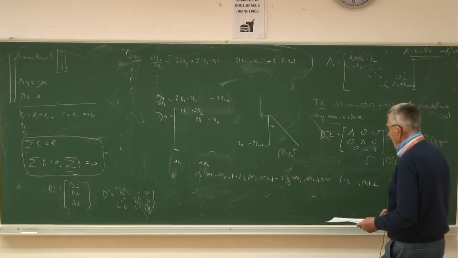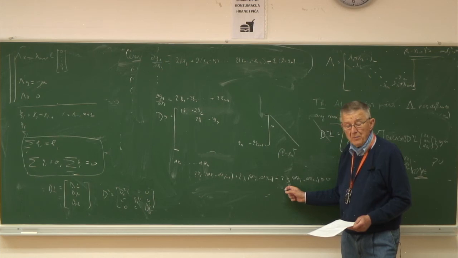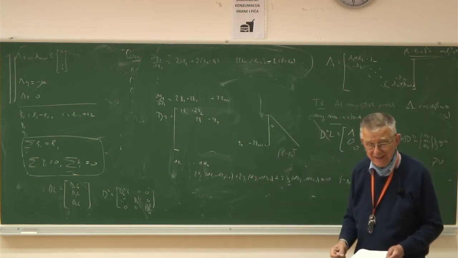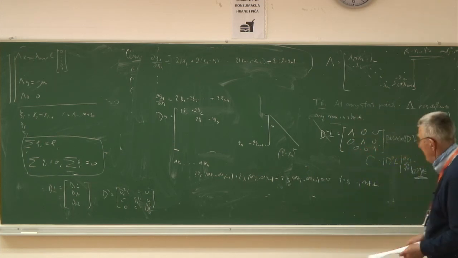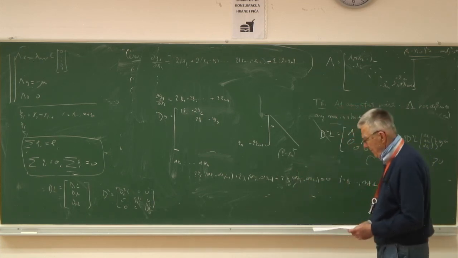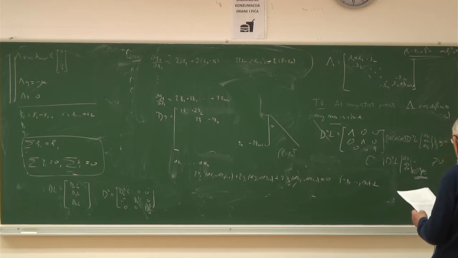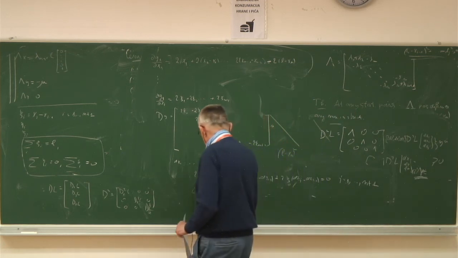Why could we take z equals to 0? Because at any stationary point, zi are 0. So that's justified. This is just it. So lambda is positive semi-definite.